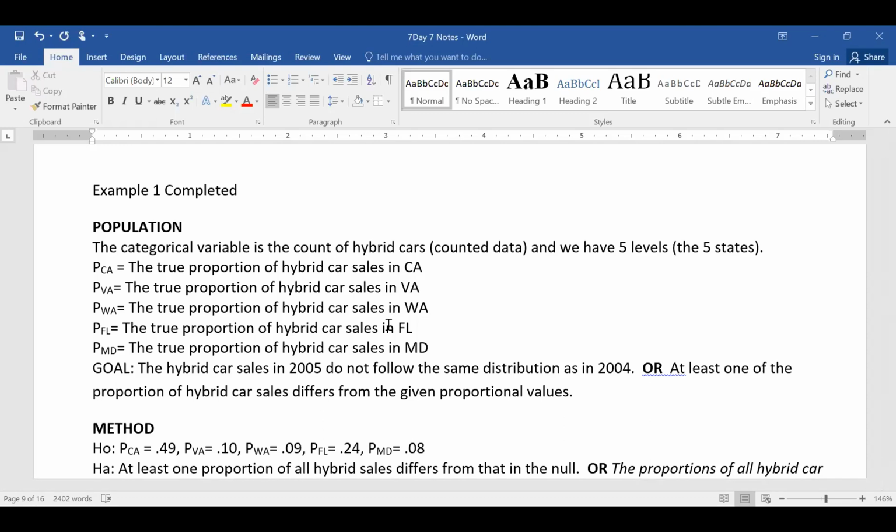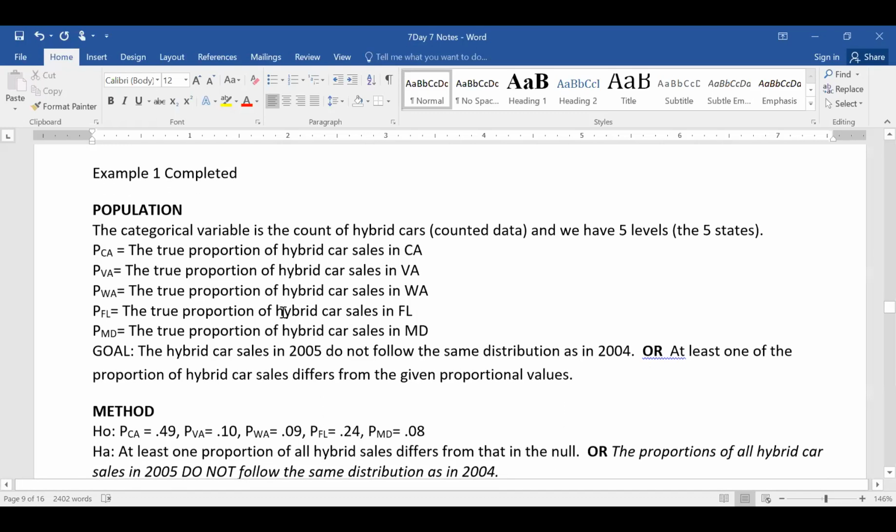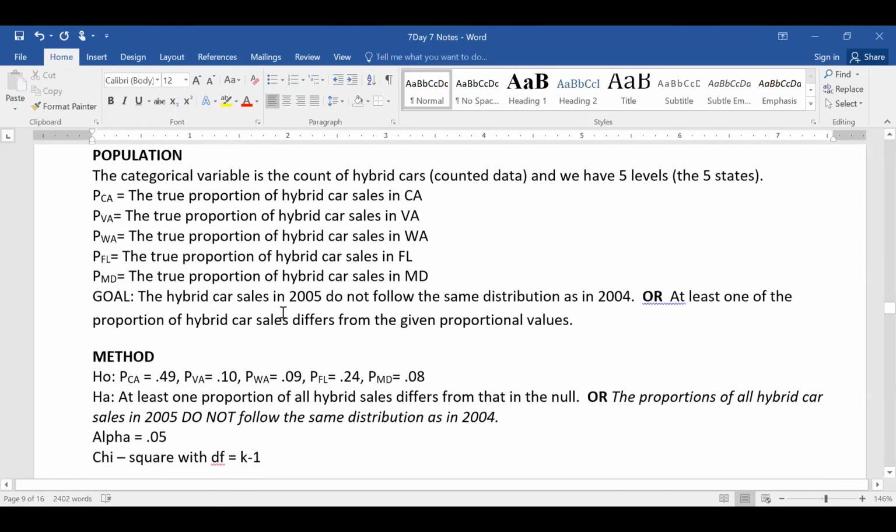It's similar to what we did with the 2 populations, where you could copy and paste. But we do want to define all of these. I would rather see you use specific notation like this to make it clear rather than just 1, 2, 3, 4, 5, but if you use 1 through 5, it is okay. I just prefer this way because you are defining it. Always make sure you define what you have so whoever's reading it knows what these stand for.